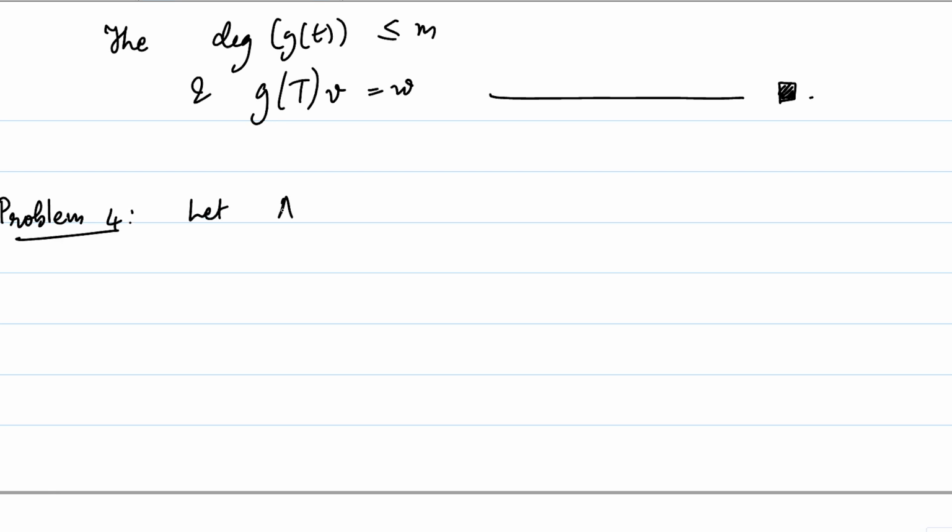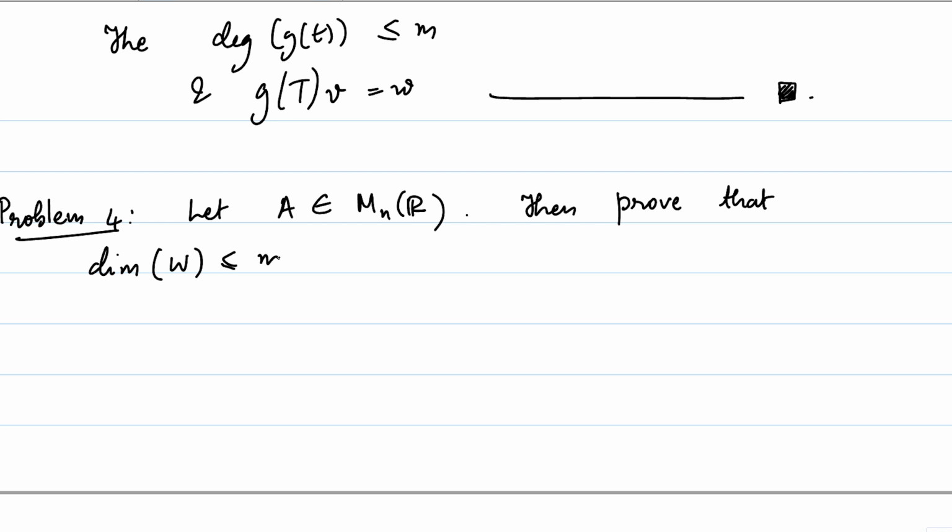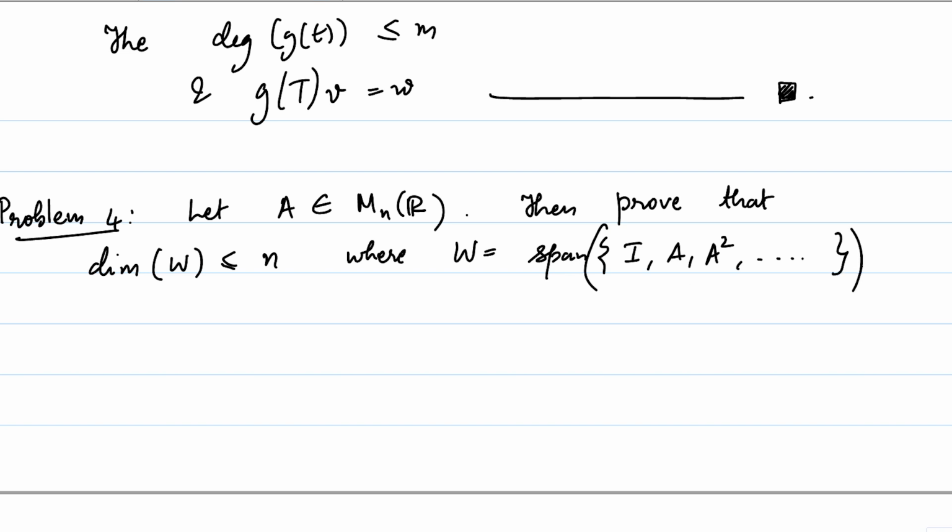Let A be an n cross n matrix with real entries, so A is in M_n of R. Prove that the dimension of the vector subspace W of M_n of R is less than or equal to n, where W is the span of the collection I, A, A squared and so on.